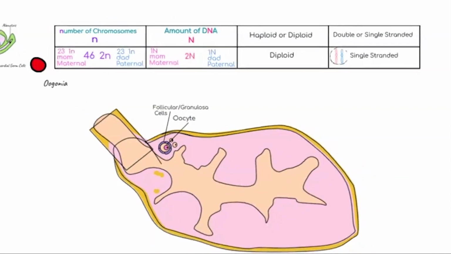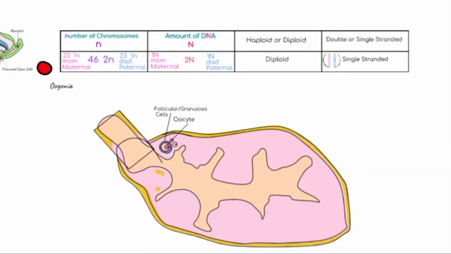mitosis with these cells. Now, once they have significantly increased their number, a time comes when one of the Oogonia starts enlarging and other Oogonia around it degenerate. Okay, so randomly one of those will start to get bigger and bigger, and there is no space for the other ones, so they kind of fade away.